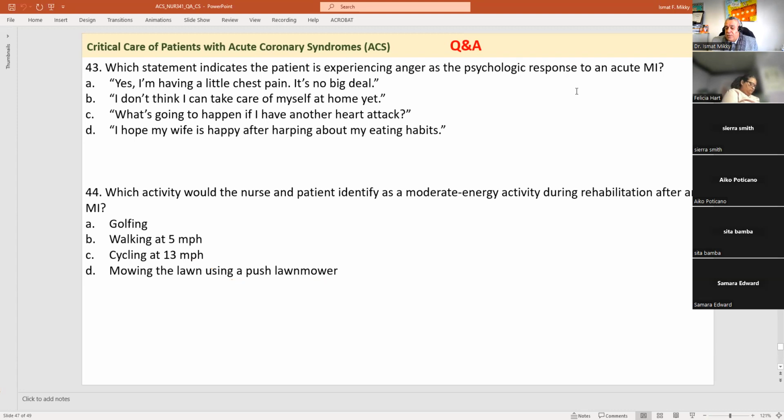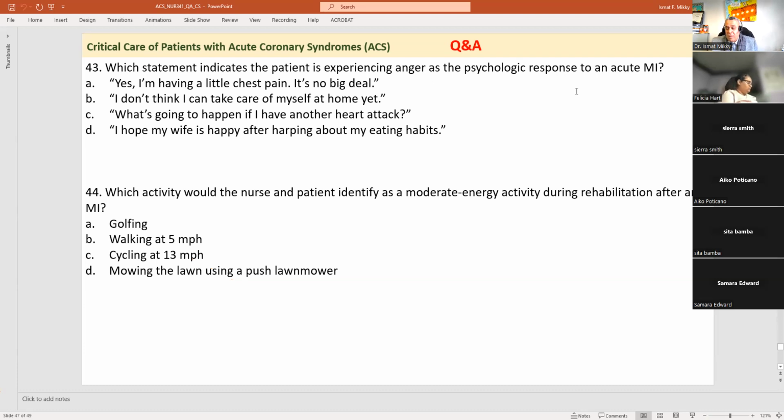Anger about being diagnosed with acute MI is sometimes directed at family, the medical regimen, where the patient becomes non-compliant, or at staff. Stating that the chest pain is not a big deal is the patient still in a state of denial, right? And so the answer is A.